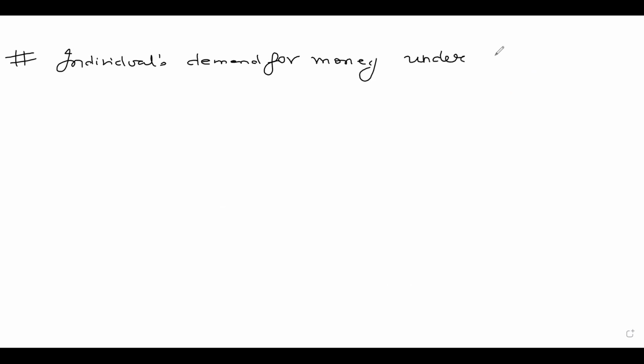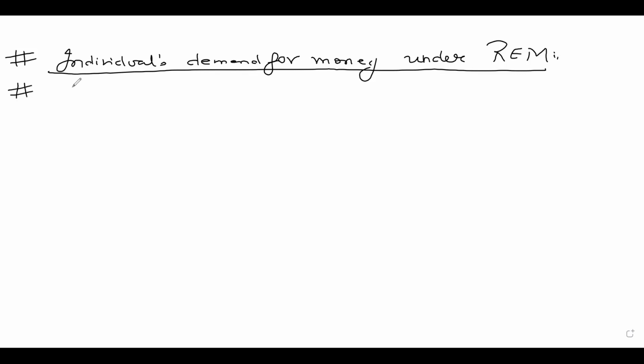So individuals' demand for money under regressive expectation model, REF. Okay, so now if I quickly write, guys, the total expected return on the bond is how much? Total expected return on the bond is equal to E, which we have calculated, and return from money is how much?